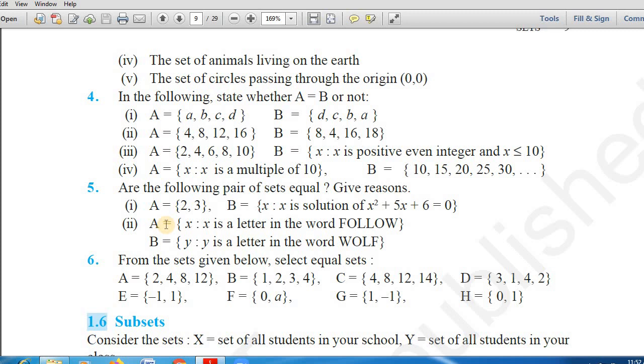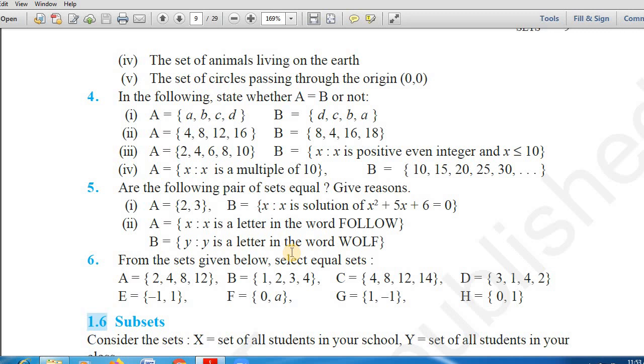So A is the set which consists of the letters F, O, L, W, and B is also a set which consists of the same letters W, O, L, F. So the letters contained in A are exactly the same as those contained in B. So the elements of A and B are equal, and the sets A and B are equal.